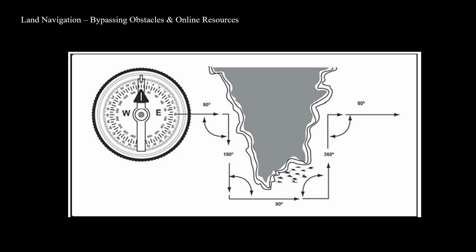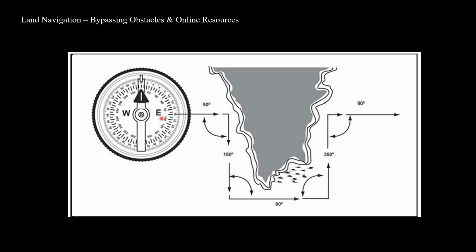That's not good. But sometimes you have to get off course on purpose because of a situation like this where you have, in this case, a pond in a swampy area at the right in the way of your azimuth. In this case, it's a 90-degree azimuth.